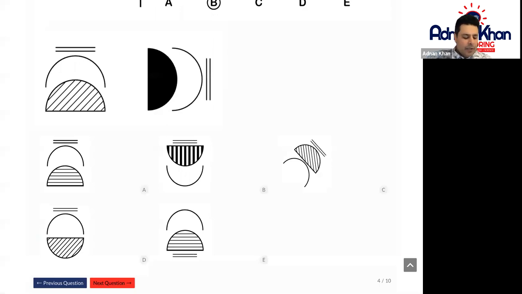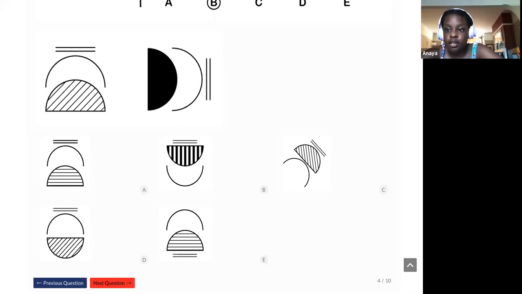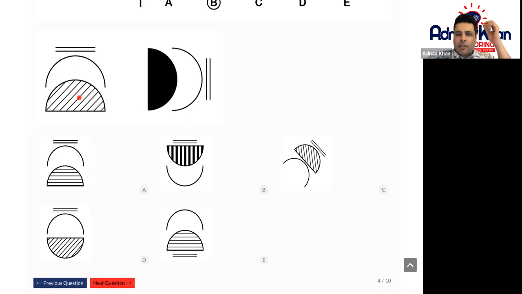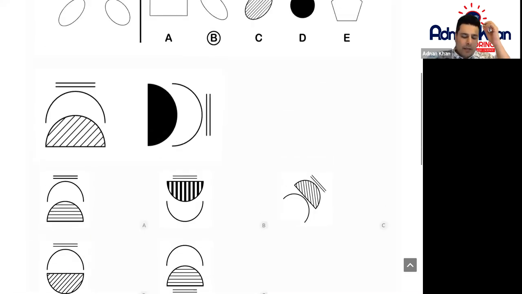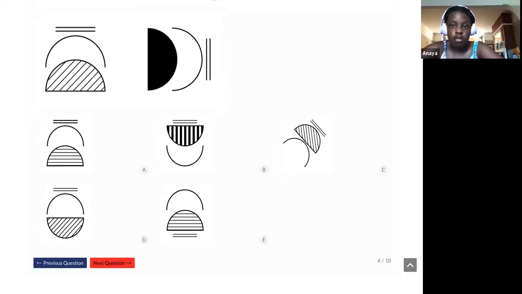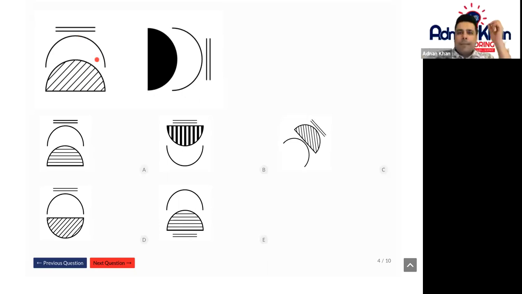Each of the figures on the left, if you look at the left-hand side, consists of a shaded semicircle. Can you see that first one that has those lines in? Yeah. So each figure on the left consists of a shaded semicircle with an arc above. The arc is like this shape here. Can you see that?